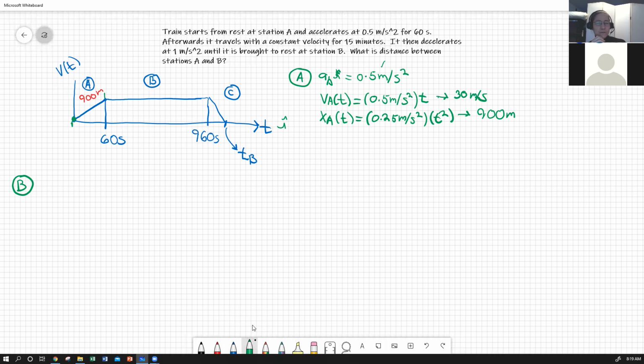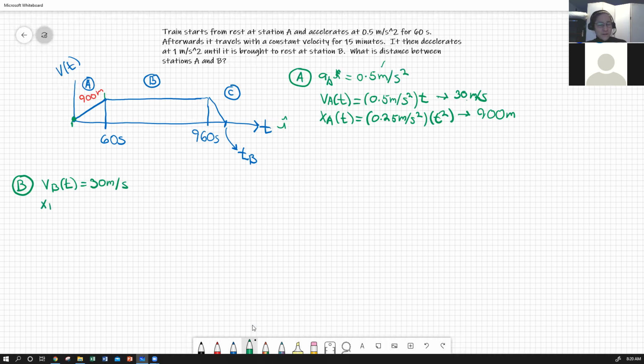Okay, so in the constant velocity region, V_B is what we accelerated up to over in region A. It's 30 meters per second. It's constant, it's not changing.